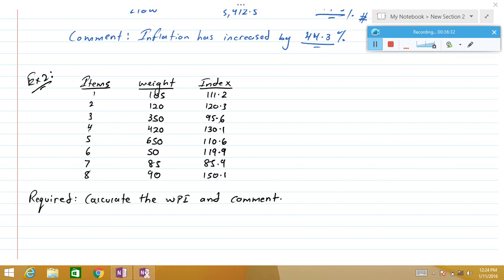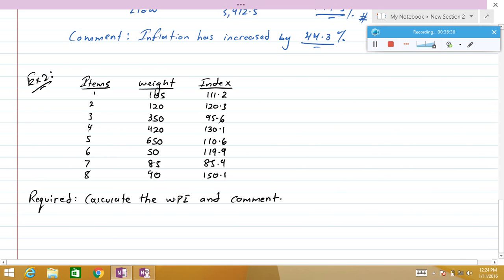You have to calculate your WI, which is weight times the index, one by one. Then find out the total, how much? And how much is your total weight as well?